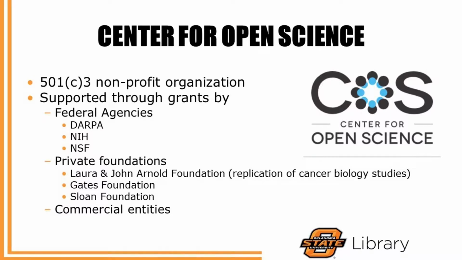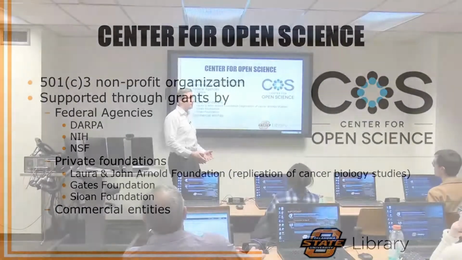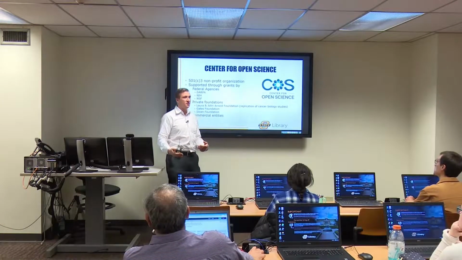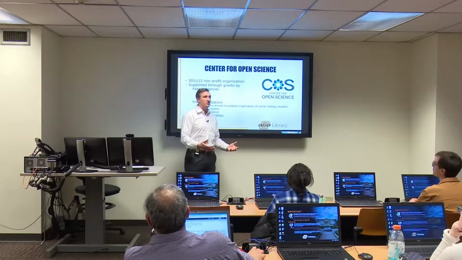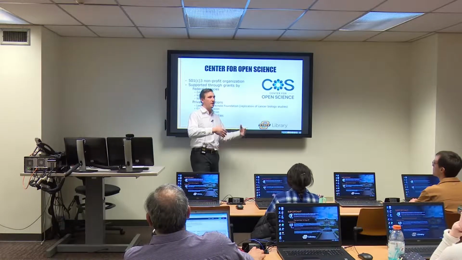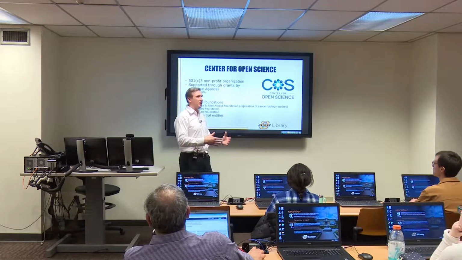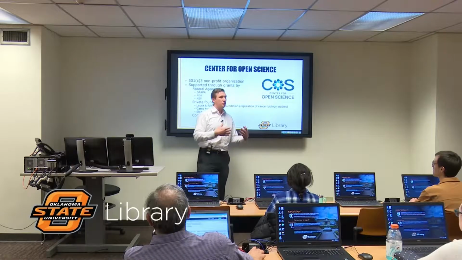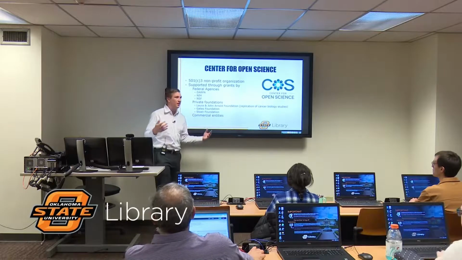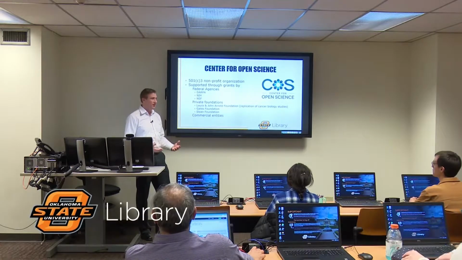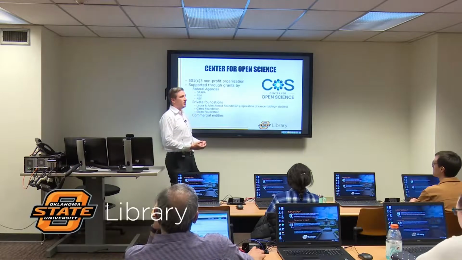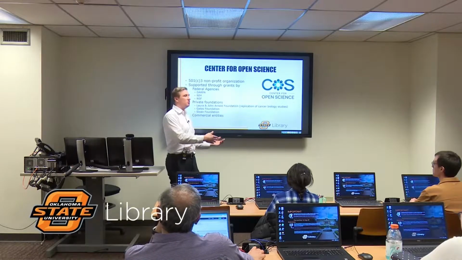So the reason that these funders are putting their money into the OSF is because, since they do fund so many research studies, it helps them if the products of that research are made available, right? There's a lot that goes into the making of a research project, much more than just the article at the end. So it's in their interest to support making all of those research materials available, not only so that more people can access them, but also so they're not funding duplicate studies.